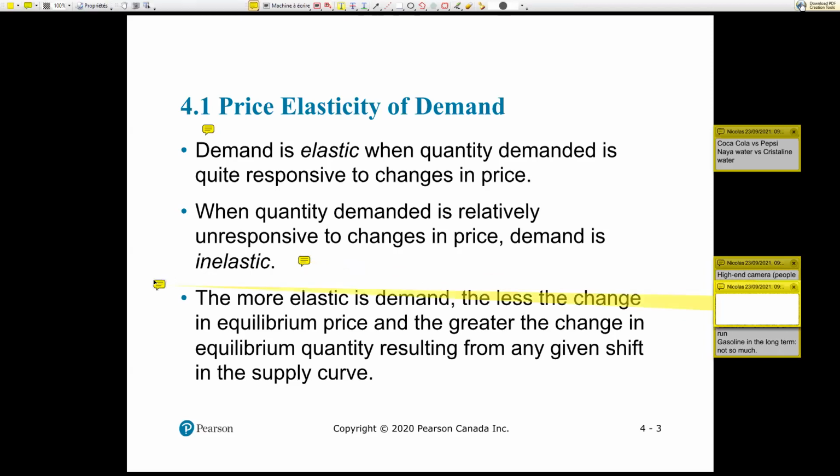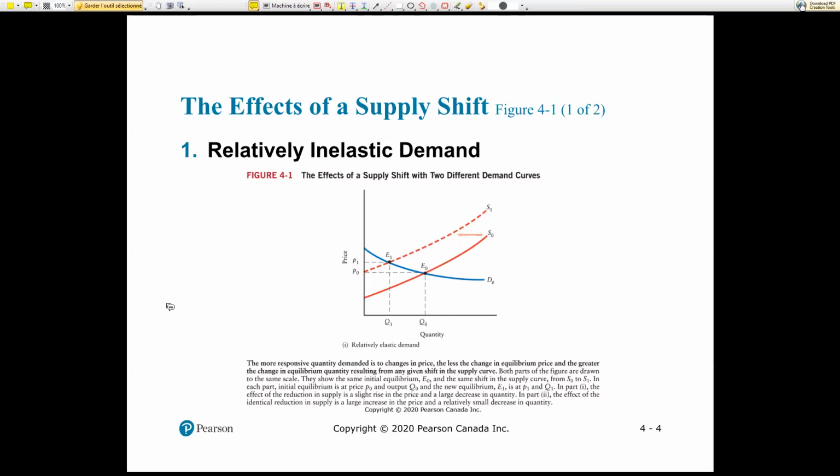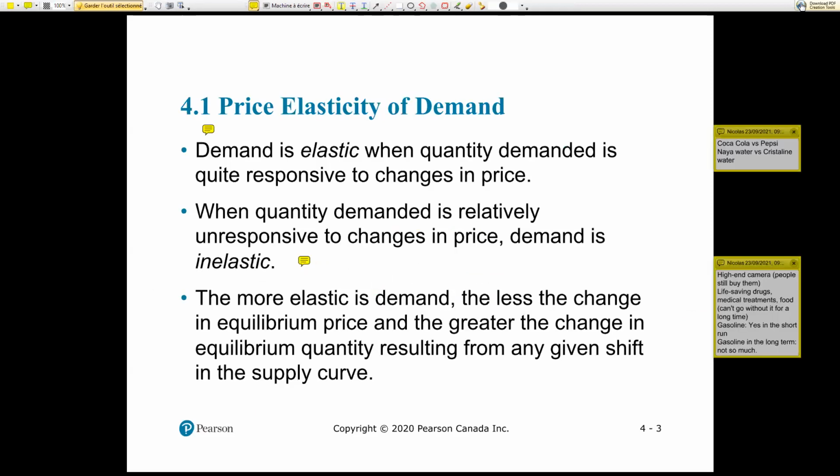So if I understand correctly, for there to be an elastic reaction, there has to be a direct replacement. Otherwise, there will not be an elastic reaction. Yes, I think that's right.